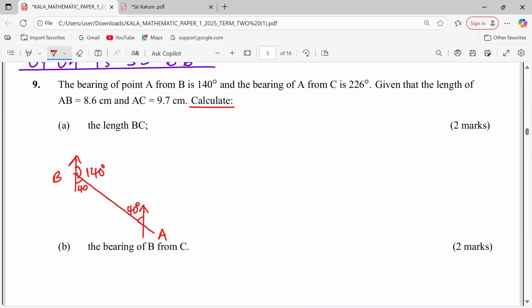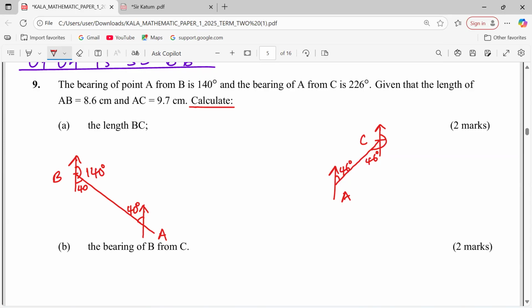Then the bearing of A from C. This is a known C. So while at C, the bearing of A is 226, meaning that after turning 180, we are adding 46 more. We are adding an angle of 46 there. When you add 46 there, then for you to raise a compass at A, you need a 46 at this point. Therefore, the bearing of C from A is 46.